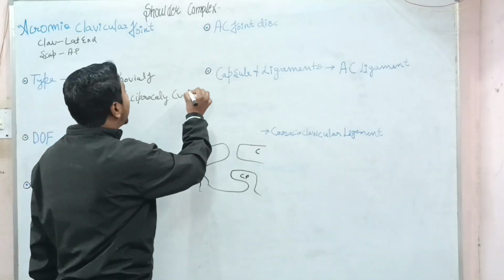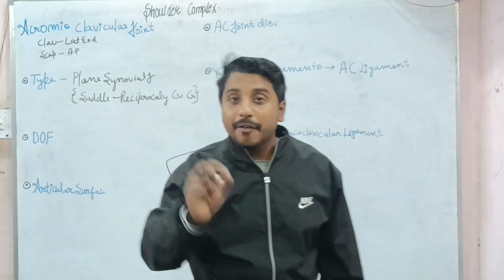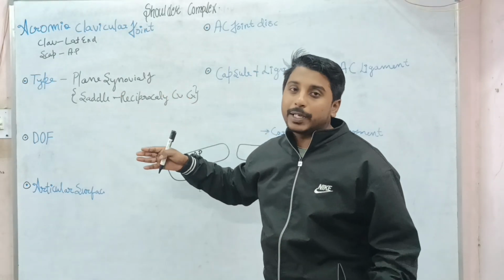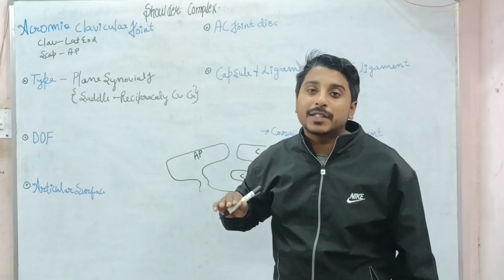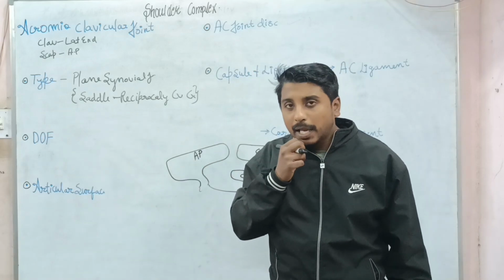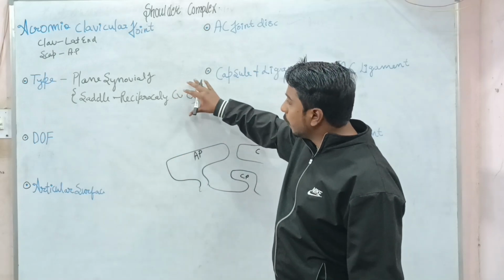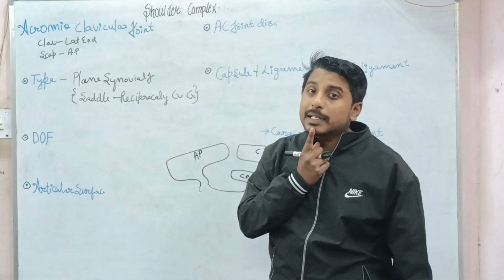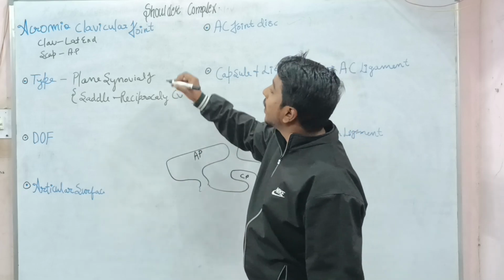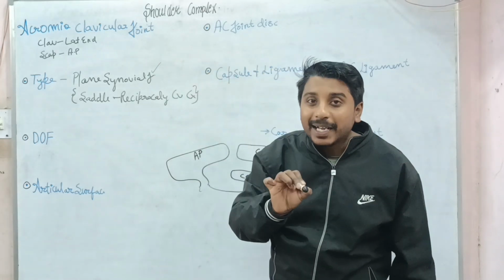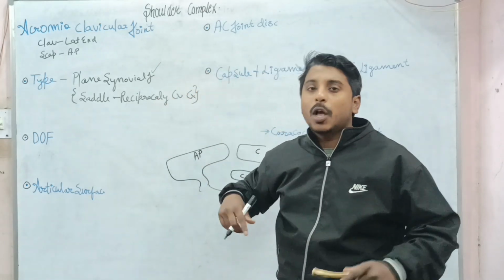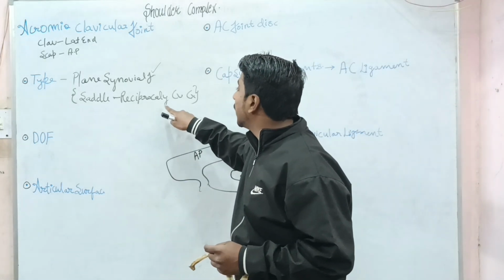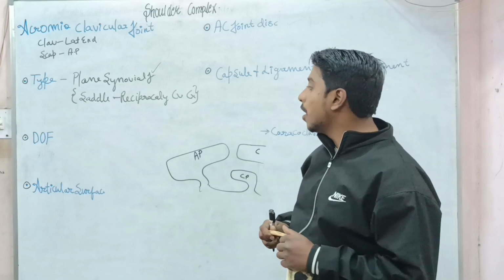So in biomechanic discussion we will refer to this joint as a plain synovial joint, and it can also be a saddle joint where the surfaces are reciprocally concave and convex. This point is similar to the previous joint, the sternoclavicular joint. There also we regarded it as a plain synovial joint, and we said the surface can be saddle, that is reciprocally concave and convex.